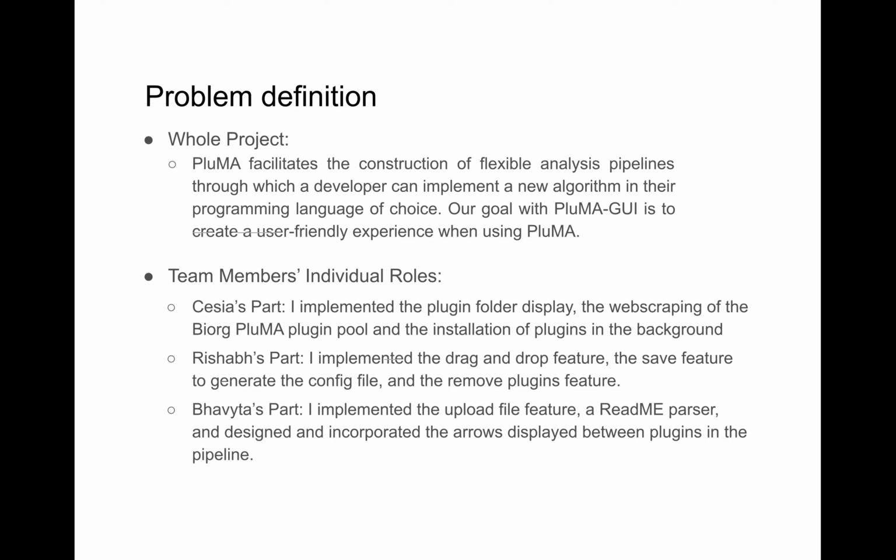If you currently go to the BioOrg Pluma plugin pool, you will see a website with links for each plugin that lead to the GitHub page for each one of them. Now, in order to download and install each plugin, you have to do a git clone and know the directories of the plugin folder.